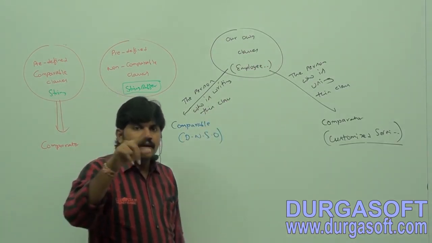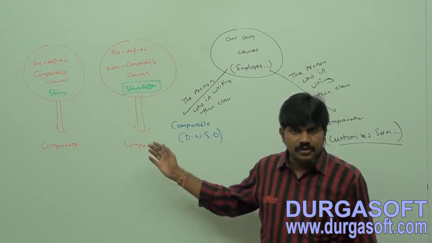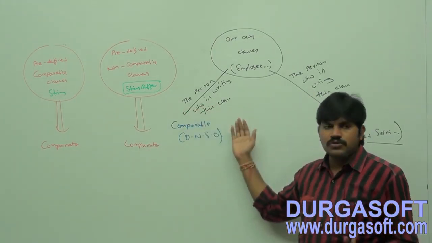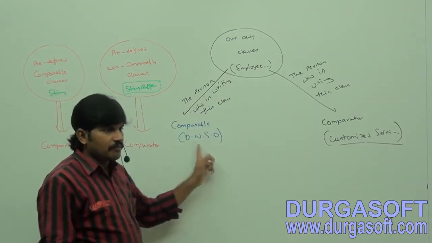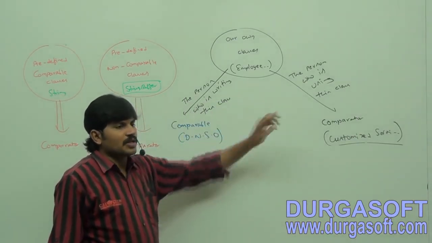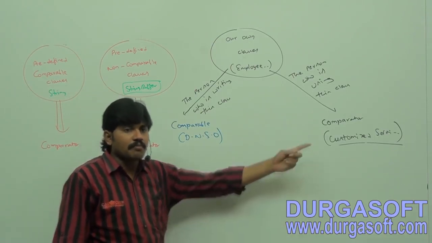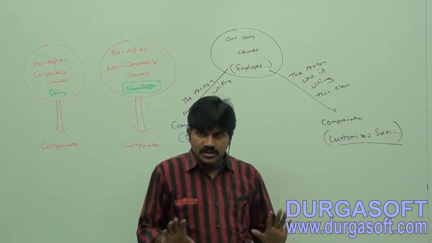Out of 100, 90% are satisfied and can use it directly. The people who aren't satisfied with sorting based on employee ID are responsible to define their own sorting by implementing the comparator concept. Is it clear for all of you?